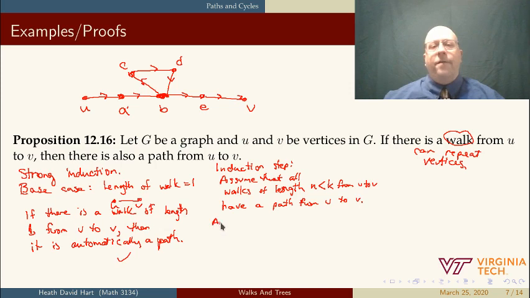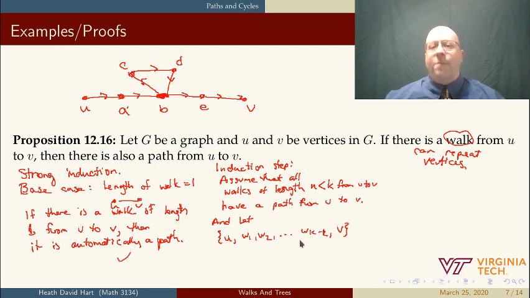And let U, W1, W2 up through W K minus 2, V. There are K minus 2 W's and then 2 more vertices.